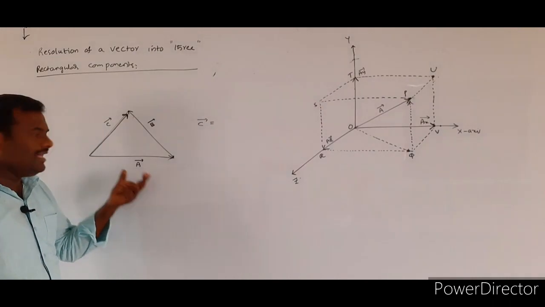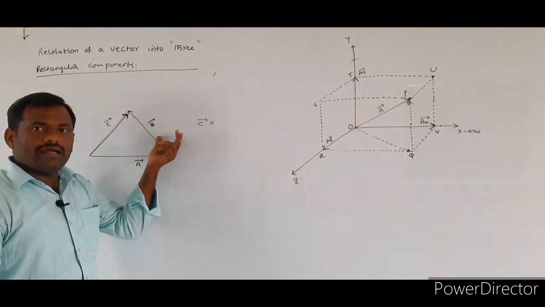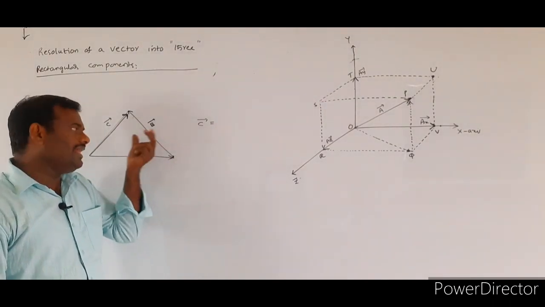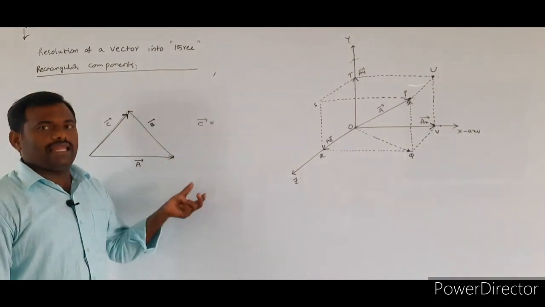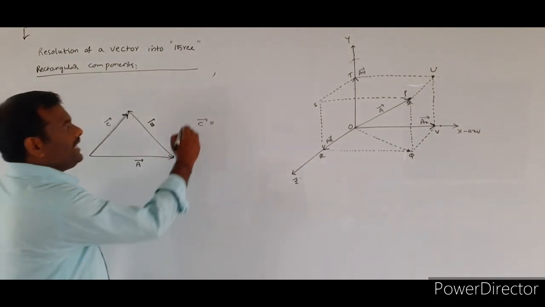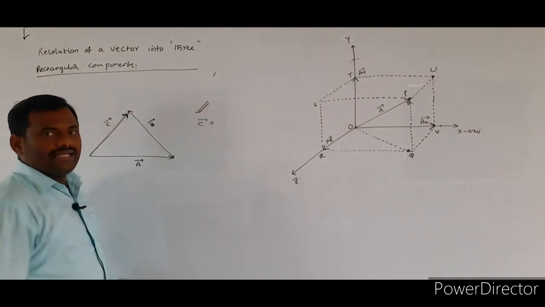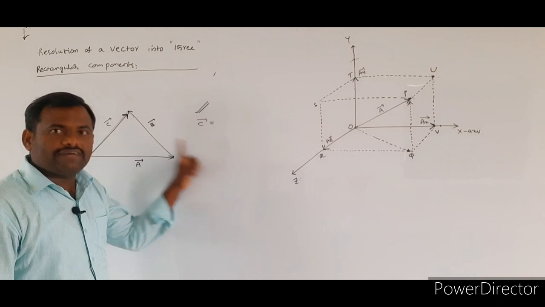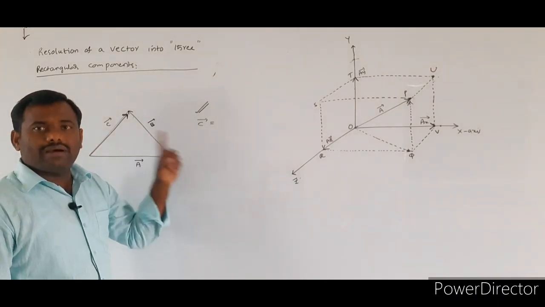For example, a bar comma b bar are taken along the sides of a triangle in order. Along the closing side, I am taking the vector c bar. C bar will give the resultant of a bar comma b bar.